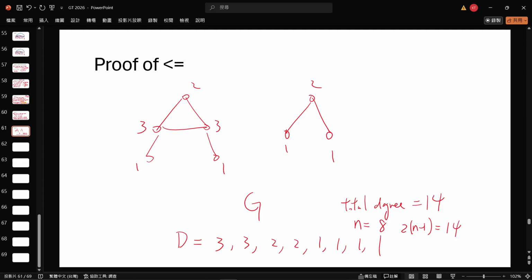So this means we have to transform the graph again, but for a different purpose. This time we have to transform the graph so that they still have the same degree sequence, but this time they are connected, okay?